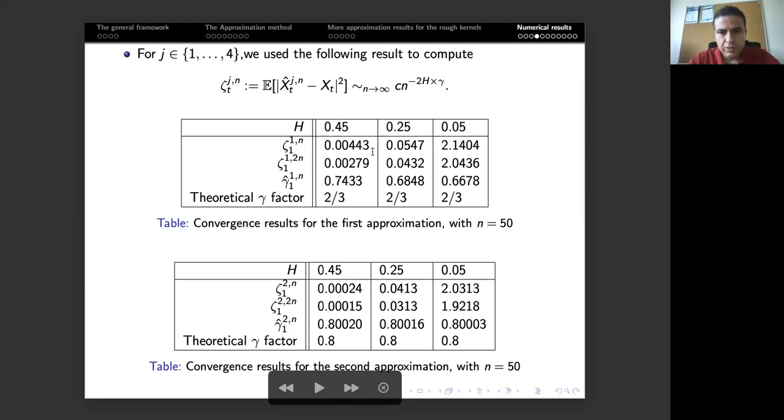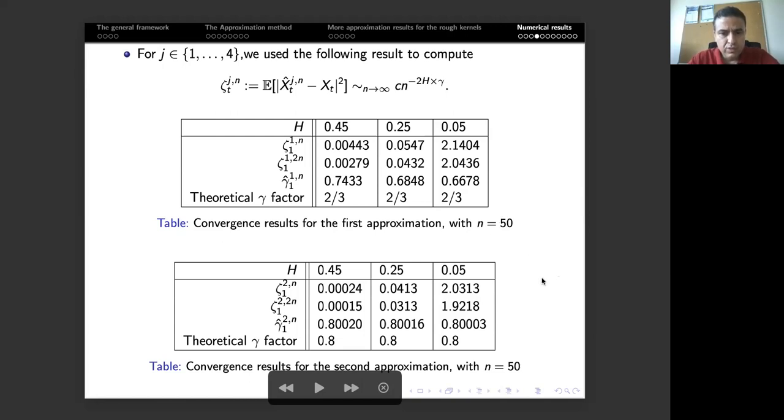So we recover these errors each time, and we recover a good approximation of the theoretical rate gamma. The theoretical one in this case, using the naive method, is 2/3 as mentioned before, and in our approximation we are able to find a good approximation of the theoretical factor. So we have the good rate. Here we used 50 points.